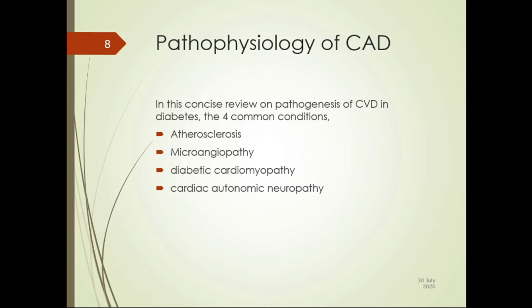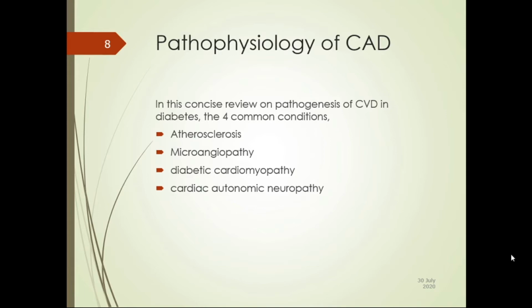There is also interstitial fibrosis of the muscles, and then cardiomyocyte loss, therefore impairing the function of the muscles of the heart. Then there is also, of course, the small blood vessels, which we will discuss later as macrovascular disease, and then the neuropathy. All these things contribute to diabetic cardiomyopathy.